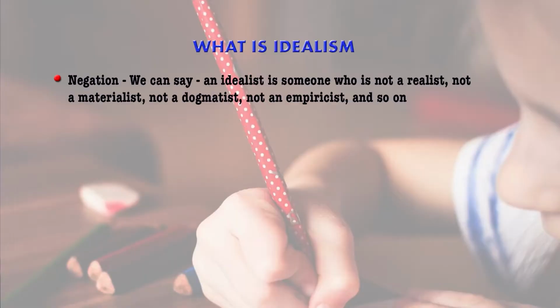Whereas idealism is idea. Idealism also started as a negation: it is not the world that exists, it is the thought that exists. For example, you are watching this video on your mobile phone or TV. The TV and mobile phone have a secondary nature.